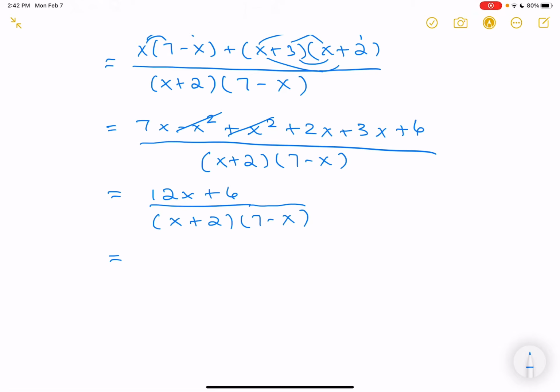If you wanted to, you could factor out a 6 here, leaving me with a 2x plus 1, but it's not absolutely necessary because there's nothing on the bottom that will cancel out with that. So either you could stop here with the 12x plus 6, or fully factored would also be totally fine.